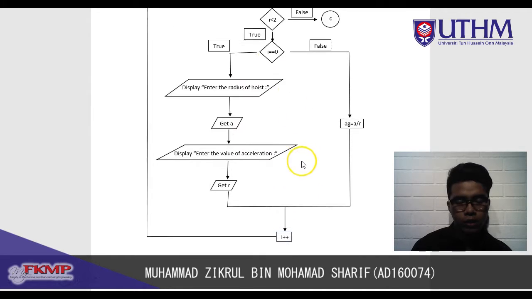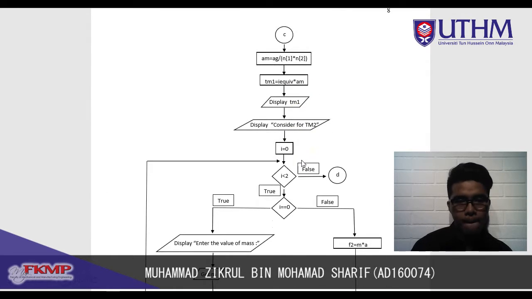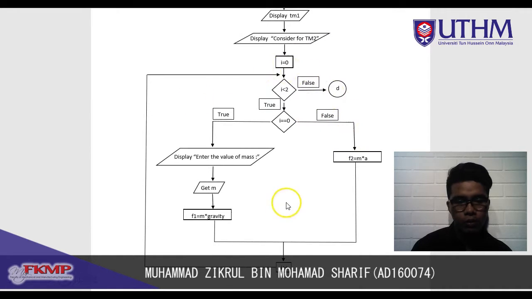The flowchart continues, and it displays TM1 here. After displaying TM1, it considers TM2. TM2 has the fourth loop.